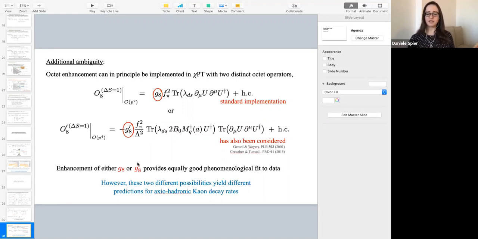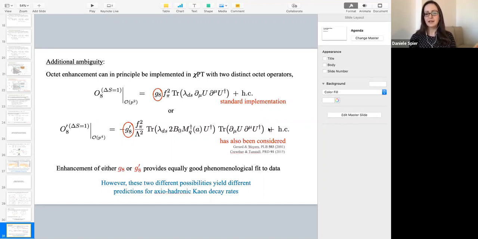That's because of the degeneracy of the dependence of the amplitudes on these two coefficients. The standard view is, why should I expect enhancement of order p to the fourth? If you want naive power counting to hold, the enhancement should come at p squared. But I think these are heuristic arguments. There is no way to prove that they are correct.